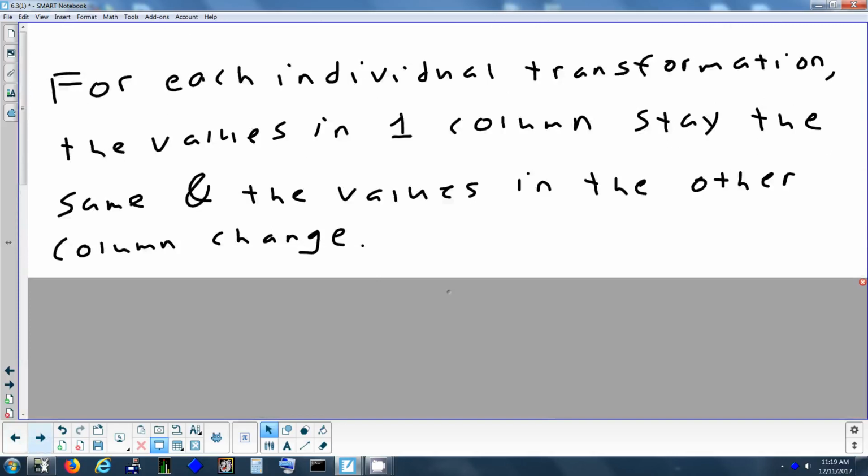So for each transformation, today and tomorrow, one column will stay the same, one column will change. The only way that's not true is if you do multiple things at the same time, like shift it right and up.